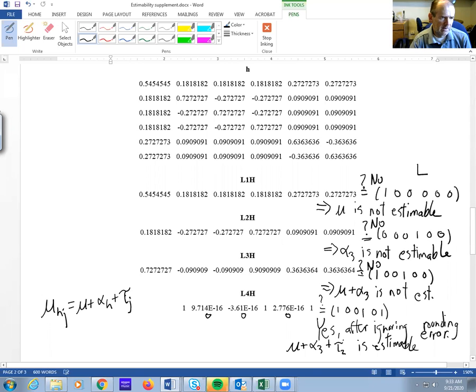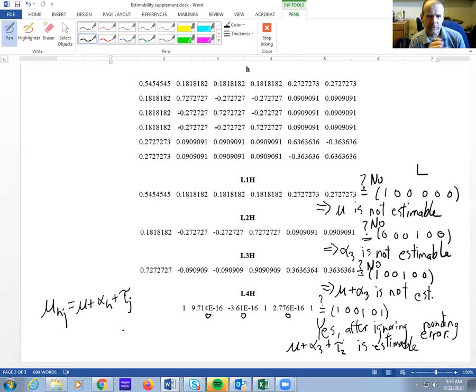So I think it's not too much of a surprise when we compare the means model to the effects model, that if we take something that involves the intercept plus a group effect plus a time effect, that we would be able to estimate that, right? And so yeah, I think Matt, what you said makes sense. I think that's a good way to put it.